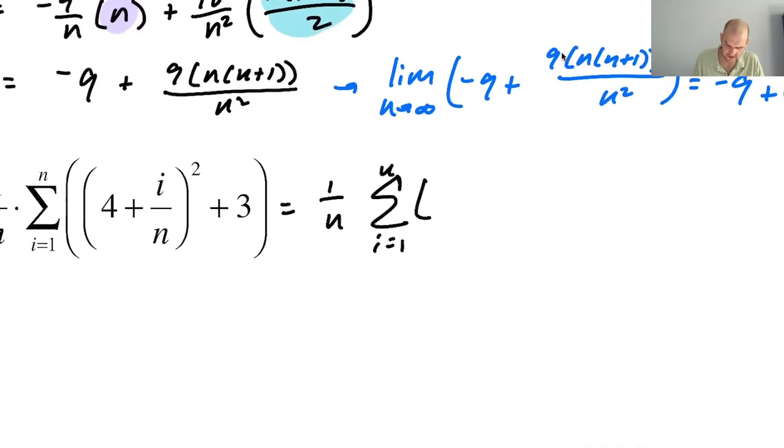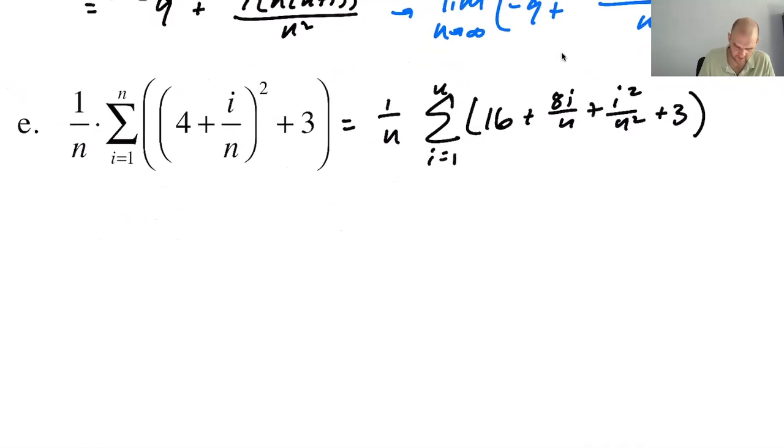All right, so 16, square it, multiply them together, times 2, 8i over n, i squared over n squared, and then plus 3. Okay, so I'm going to rearrange it a little bit, 1 over n, because you definitely don't want to do extra steps on these if you can avoid it.